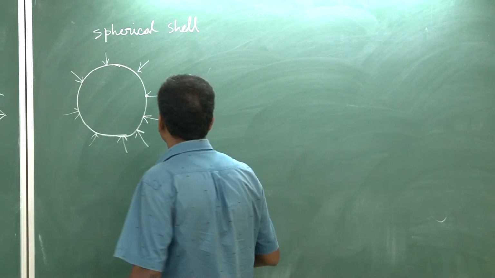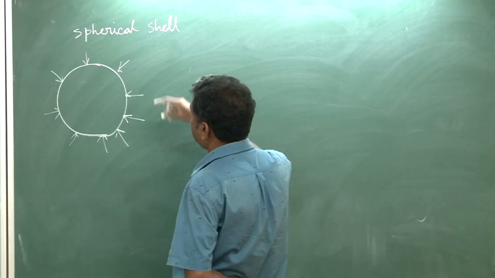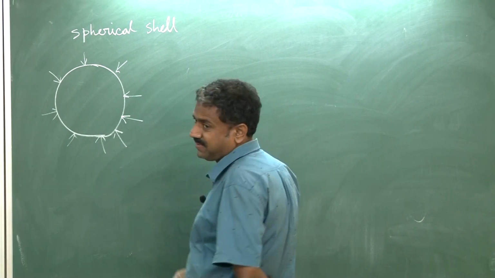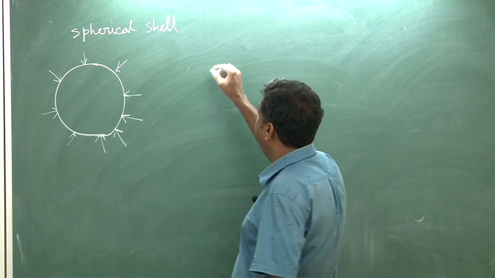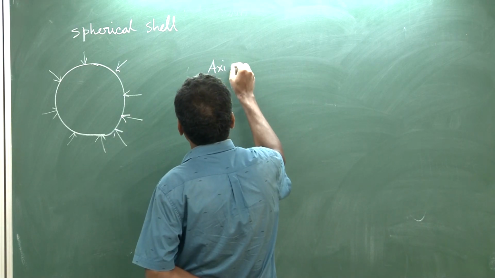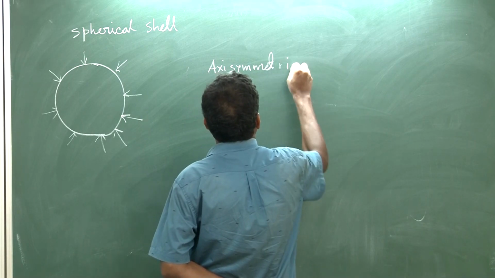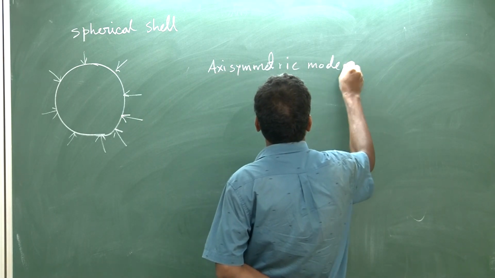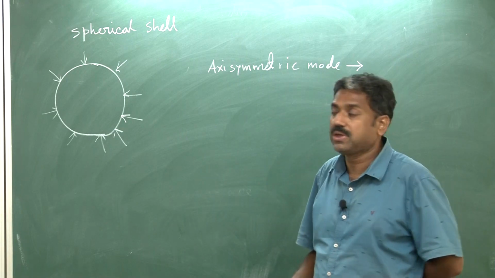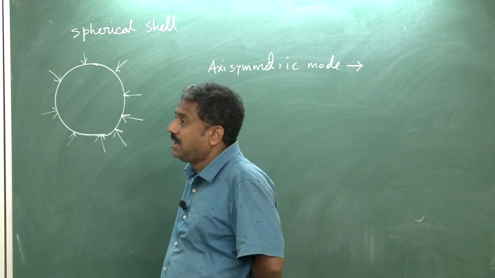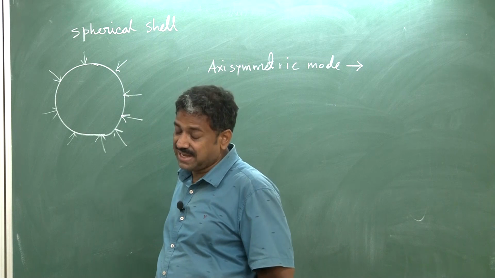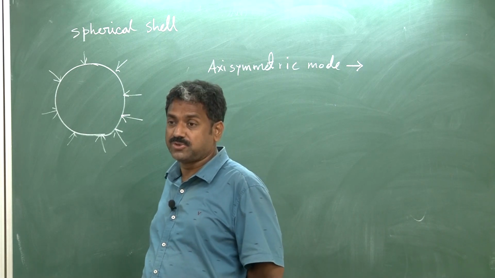So, what happens? If you consider here, there will of course be the mode shape. If you consider the axisymmetric mode, the solution for the axisymmetric mode of buckling is given in the book of Timoshenko and Gere, Elastic Stability of Structures. There is a book by Timoshenko, right?